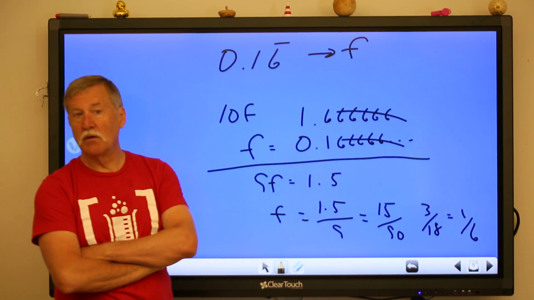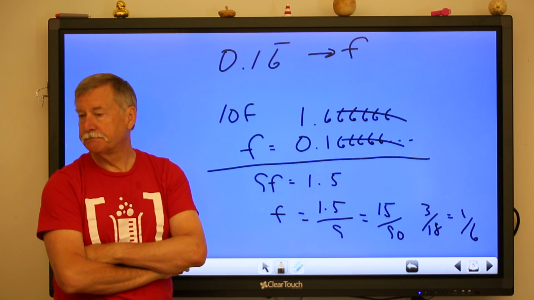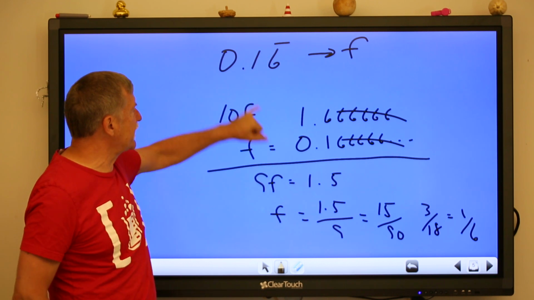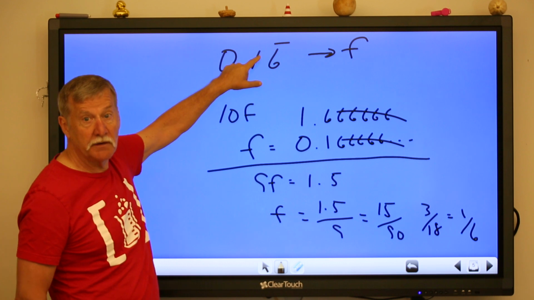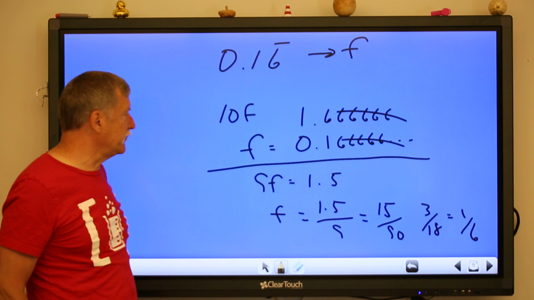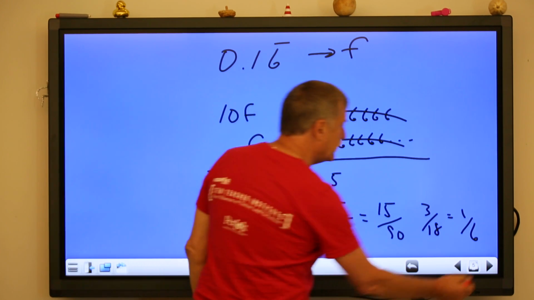And if you do 1 divided by 6, you'll get that. All right? So the key is you create a subtraction problem. The power of 10 is the number of repeating digits. In this case, it's a little messier, but still can be done. And we get that for an answer.